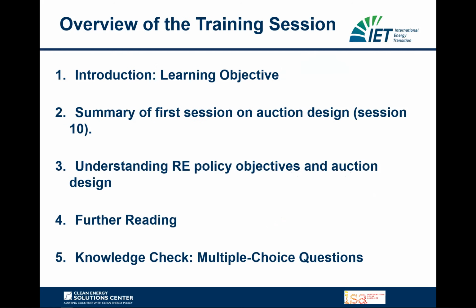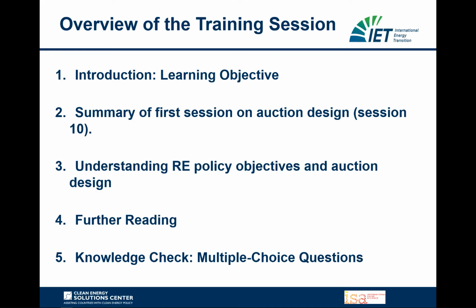Just a quick overview of this training session. First of all, we will look at the learning objective of this 1-hour seminar. Then we have a quick summary of the first session on auction design, session 10, which I already mentioned before. We will then try to understand different renewable energy policy objectives and how they can be integrated in the auction design.